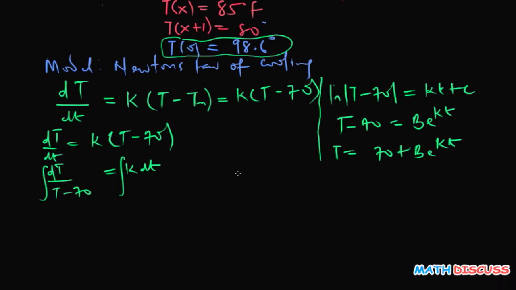We have 98.6 equals 70 plus B e to the power 0, that's 1. So that implies that B equals 98.6 minus 70, and when you subtract that, B is equal to 28.6. So now we have our B, and we now have our new T.